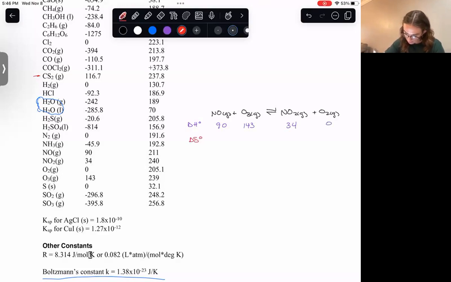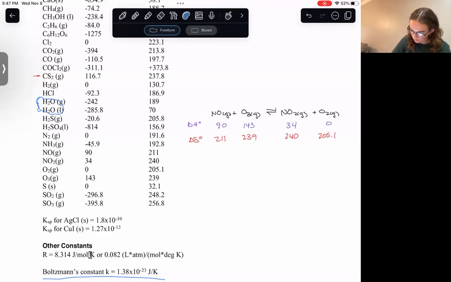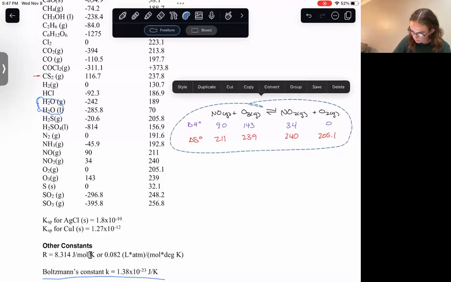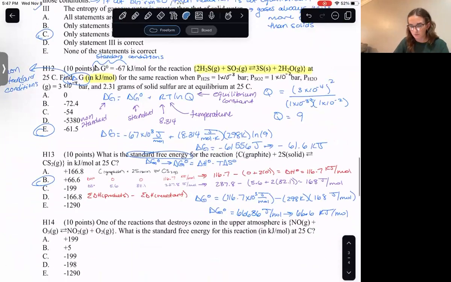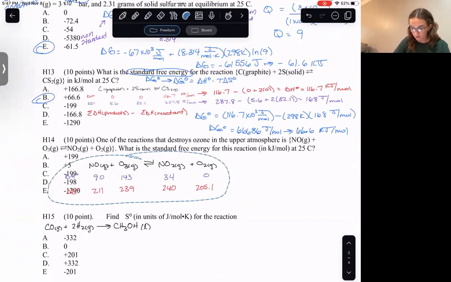And then delta S naught: NO is 211, O3 is 239, NO2 is 240, and O2 is 205.1. Any questions on how I got those values and where they came from? Does that make sense how we use the chart?